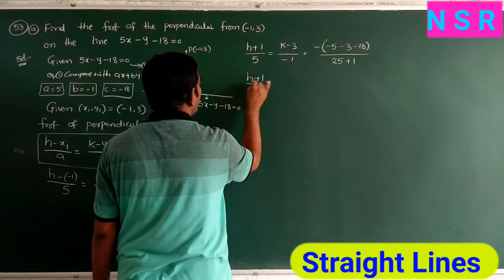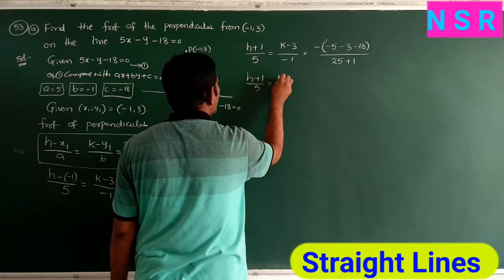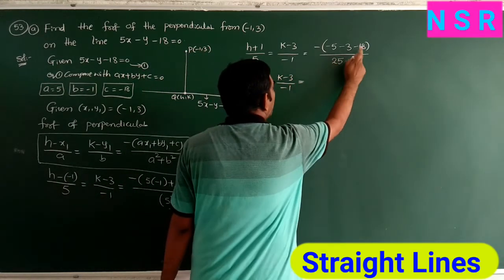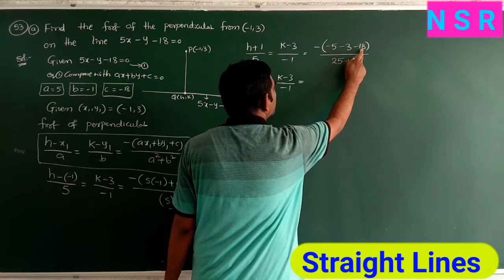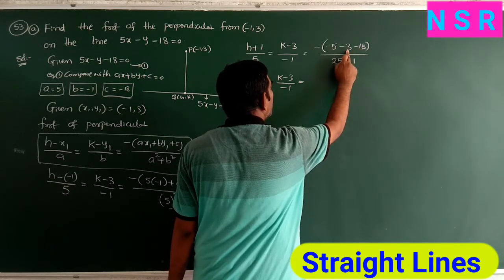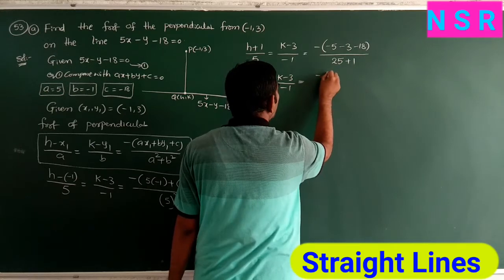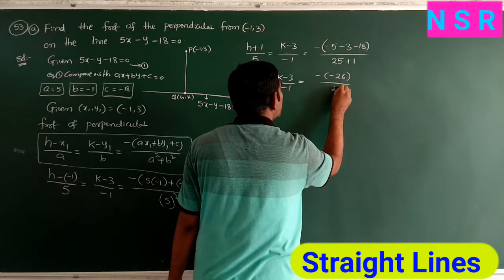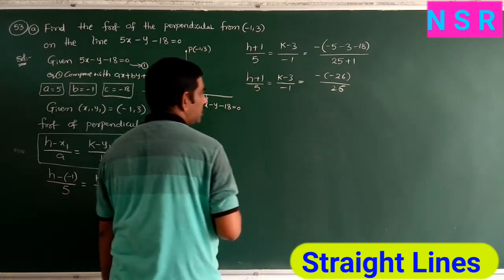Now h plus 1 by 5 equal to k minus 3 by minus 1 equal to minus of 18 minus 3 minus 5, 18 plus 3 is 21, plus 5 is 26, minus of minus 26 by 26, 25 plus 1 is 26.